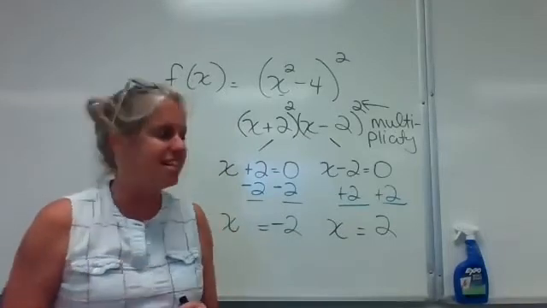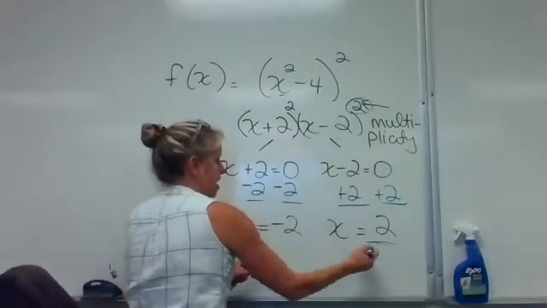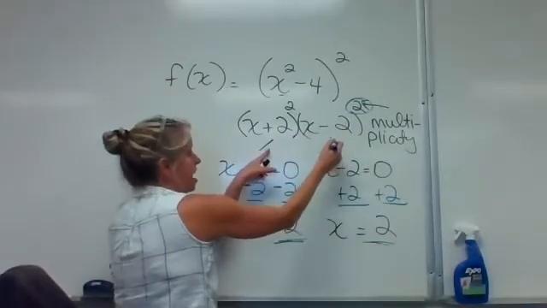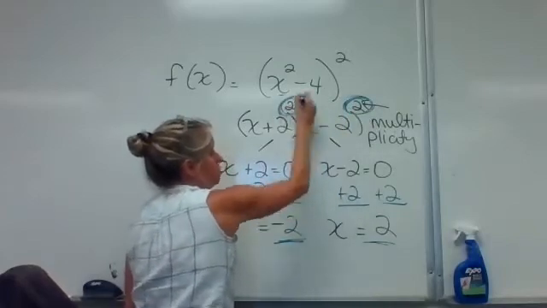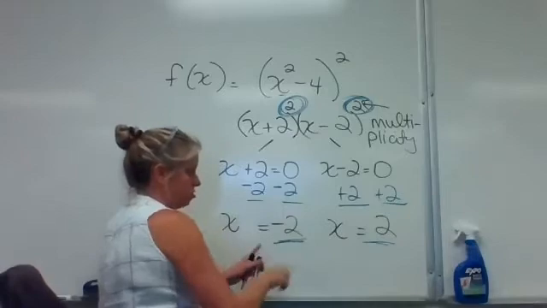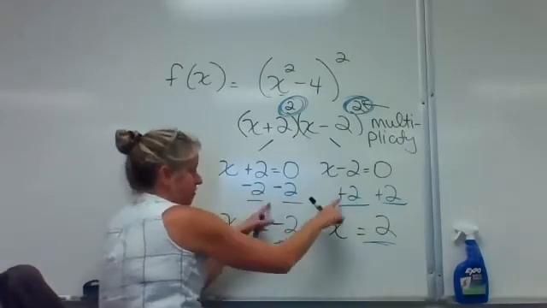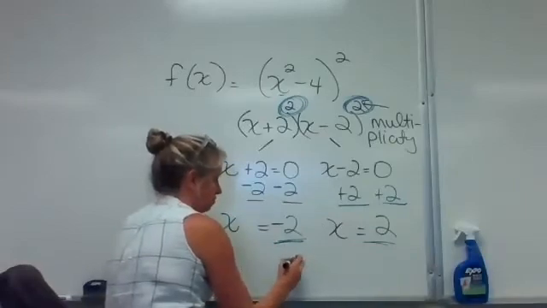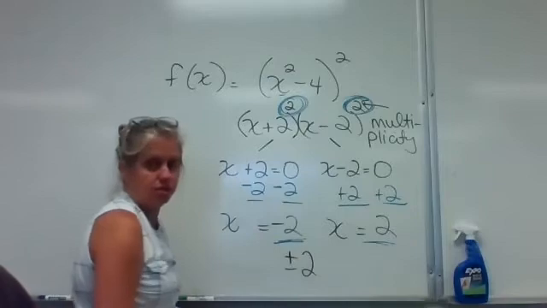Here's what the multiplicity tells you. The multiplicity, again, where did these answers come from? They came from these factors that had this multiplicity. So the zeros, which is what you get when you do the factoring, set the factors equal to 0 and solve them. So the zeros are positive and -2.